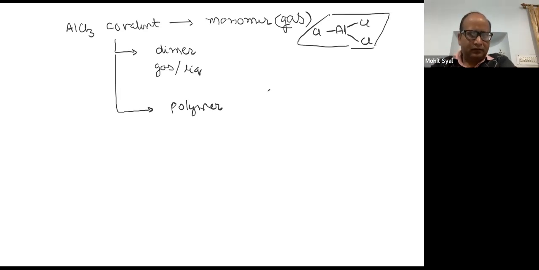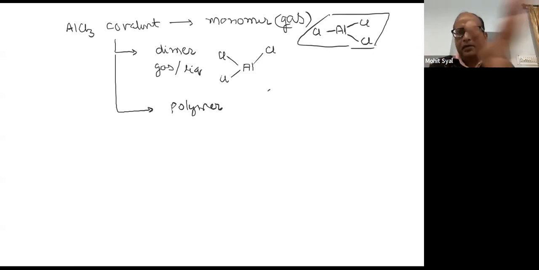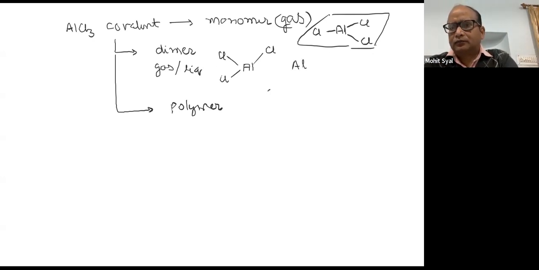It can form a dimer. How is it going to form? Aluminium is there, and two AlCl3 molecules can come close to one another. If some other molecule is not present to give them an electron pair, these aluminium chloride molecules come together and they themselves give their electron pair to one another.